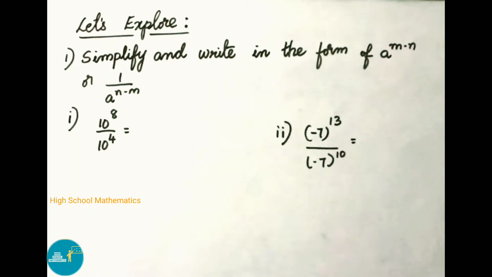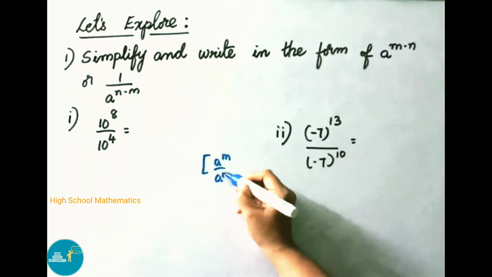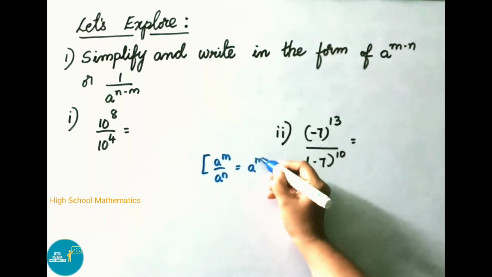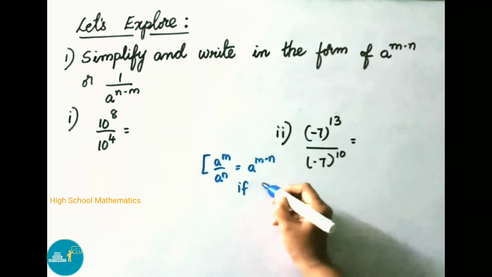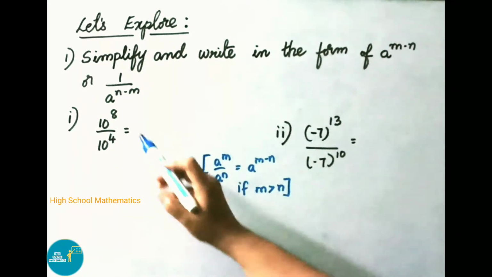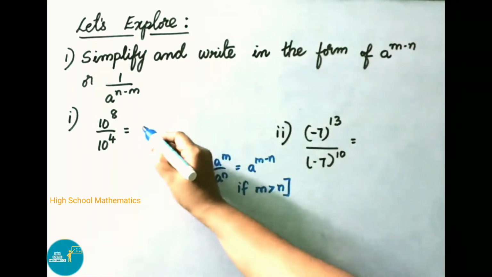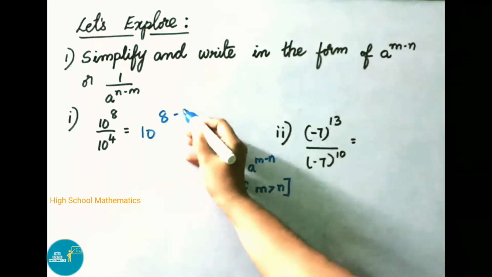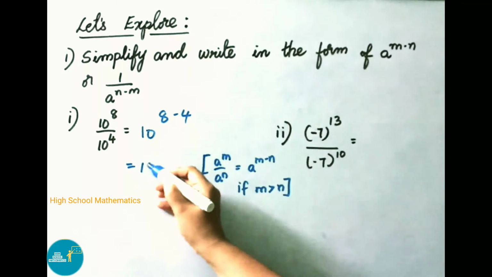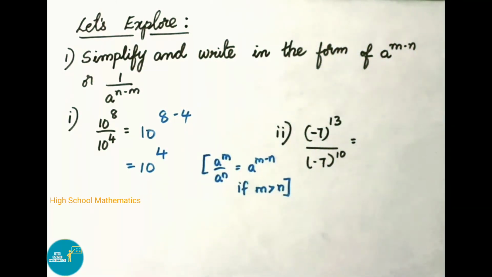It looks like the formula a power m by a power n equals a power m minus n if m is greater than n. So we write 10 power 8 by 10 power 4 as 10 power 8 minus 4, that equals 10 power 4. So the answer is 10 power 4.